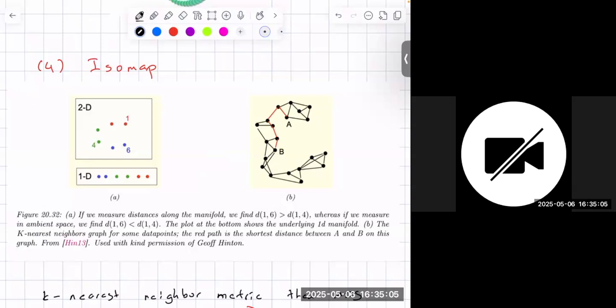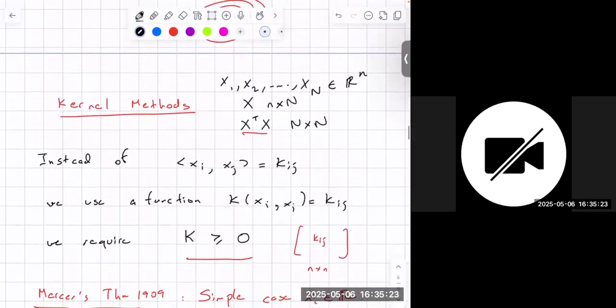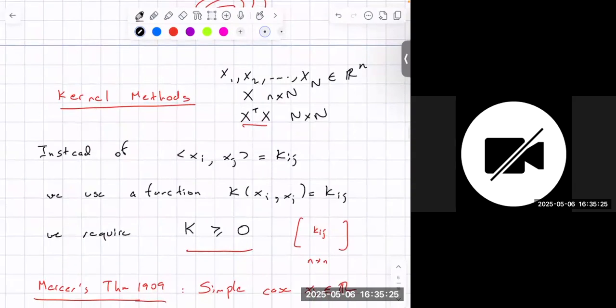Then this becomes the manifold I'm trying to fit. Using this distance, you just do your multi-dimensional scaling and fit a manifold to your data. That's the earliest manifold learning application.